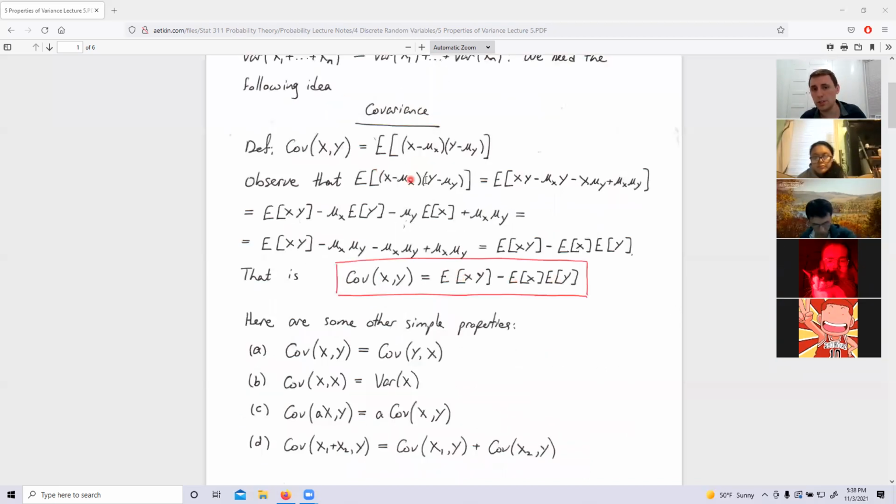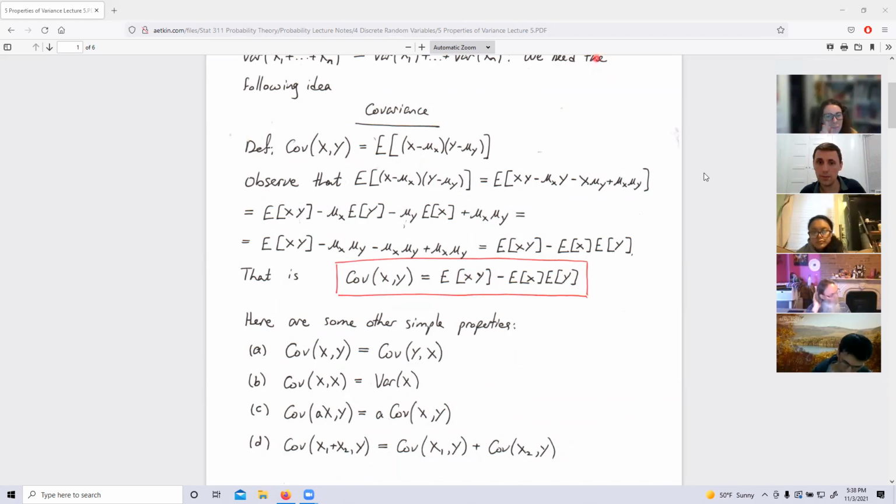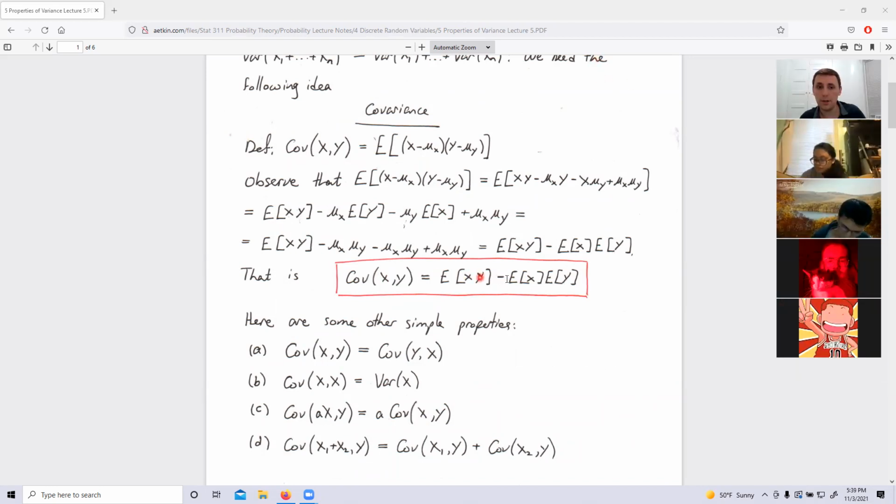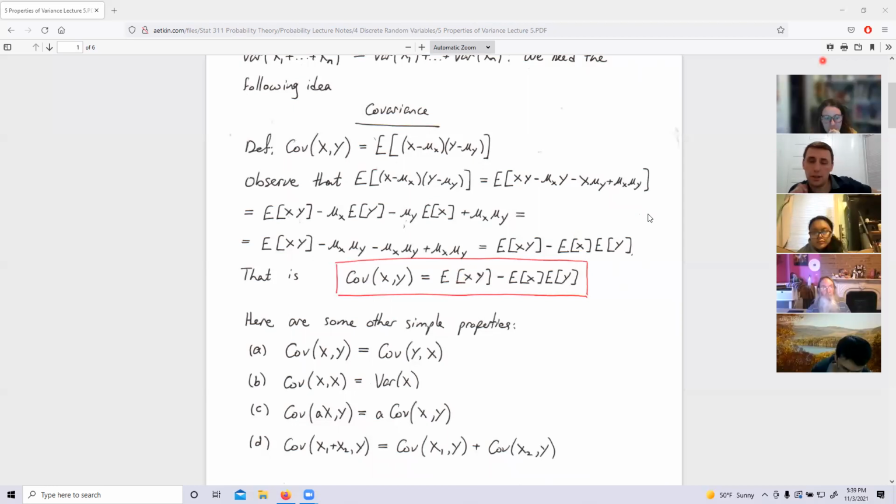It's very easy to calculate. Just multiply everything on the inside, and then you see that when you simplify, covariance is the expected value of x multiplied by y minus the product of expected values. Good. Now, this number is equal to 0 whenever the first term is the same as the expected value of x times the expected value of y.